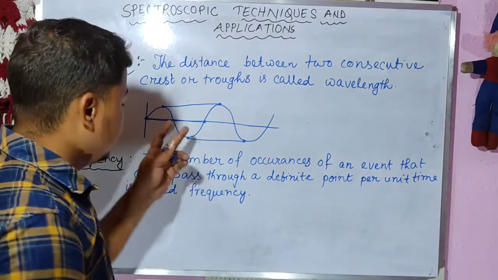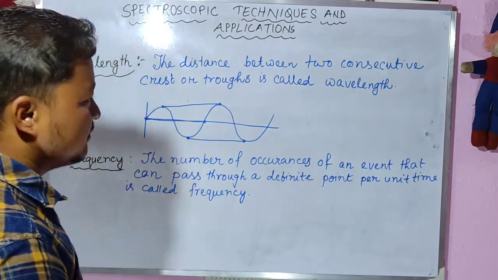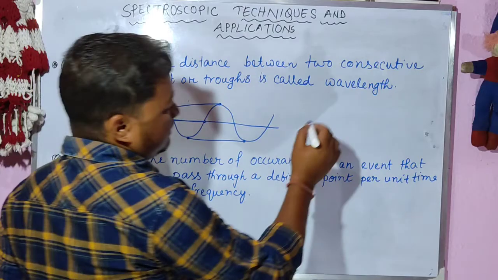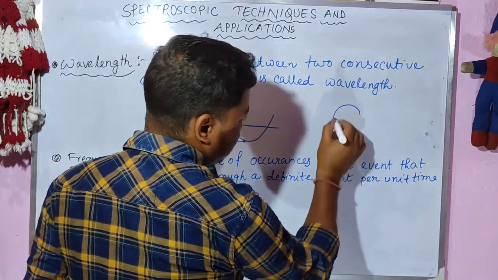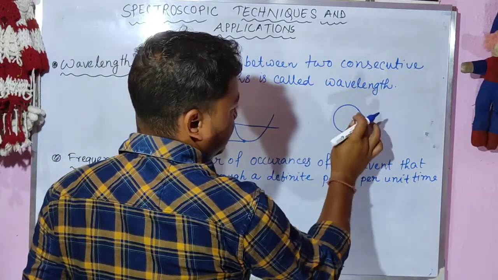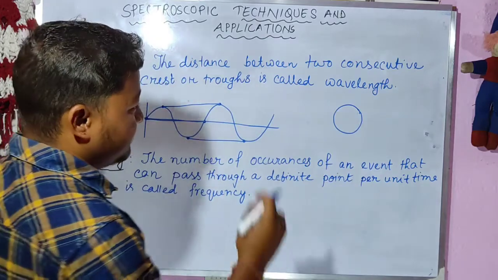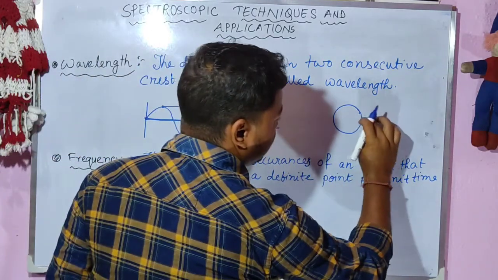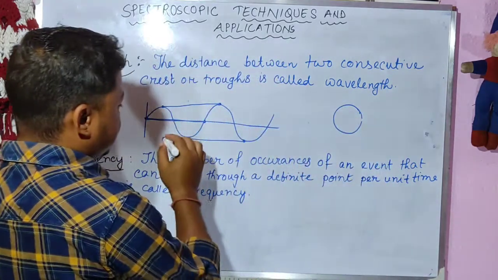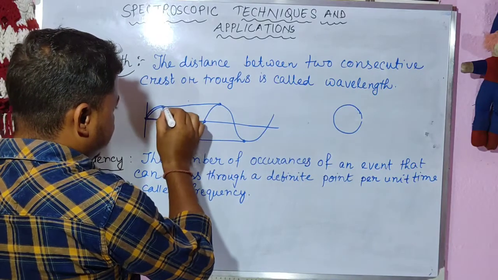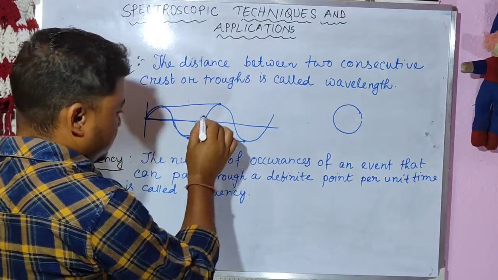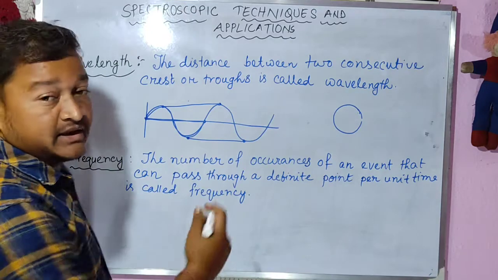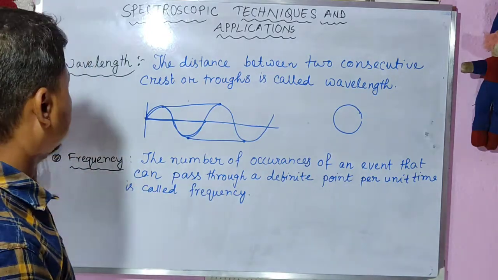Okay, so simply, if there was a circle, and if we cut it at one point and arrange it into this type, the full form is a wavelength.